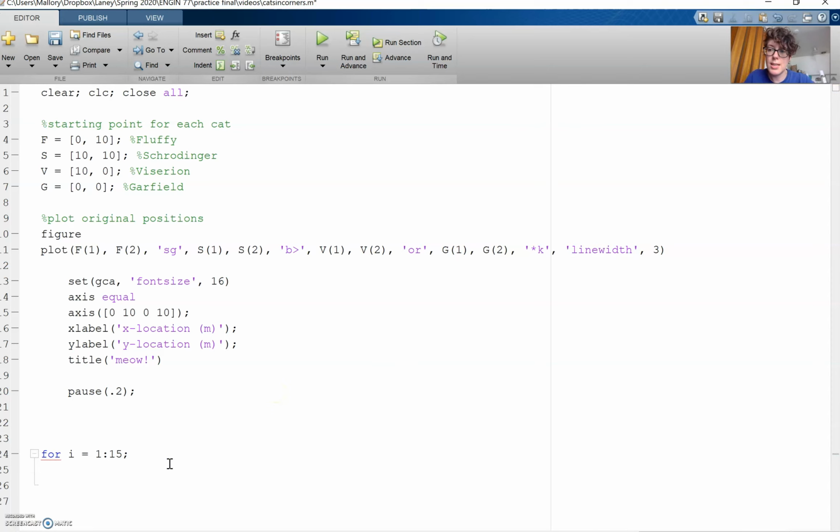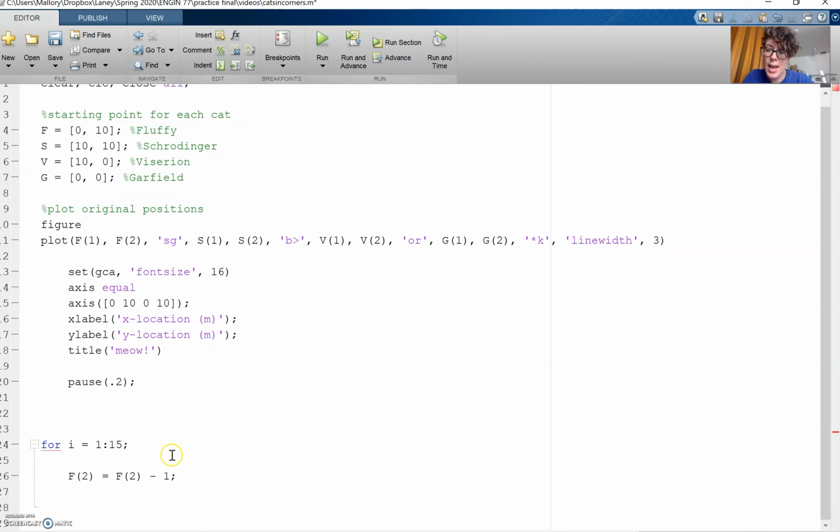So here the F1 location we said is not going to change, so I could just say F1 equals F1 or not. And the F2 location is going to be F2 minus 1. So the Y location of Fluffy is going to change each time step by -1.